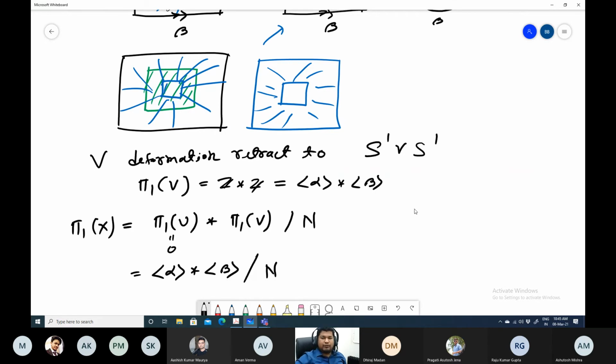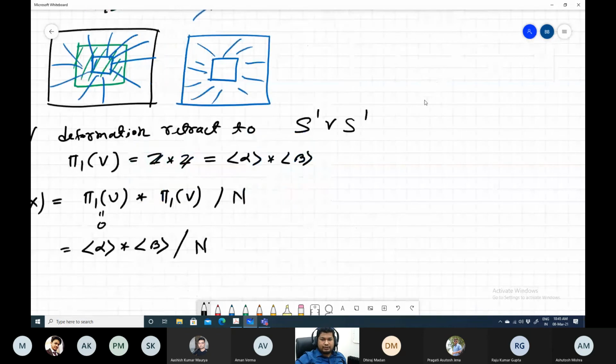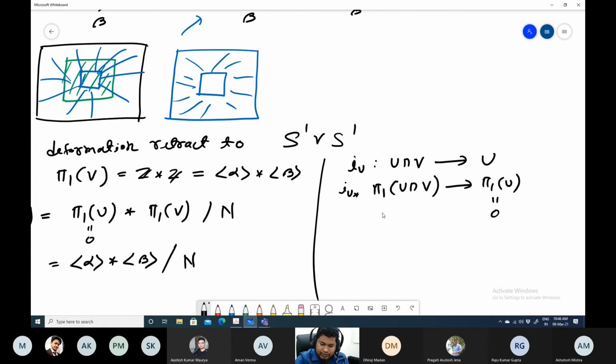For N we need to see the inclusion maps. So what is my IA first of all? Say IA, and it is U I have written, right? So what is my IU? That is U intersection V to U only. Then IU star pi 1, that is pi 1 U, which is 0, so that is just a 0 map.